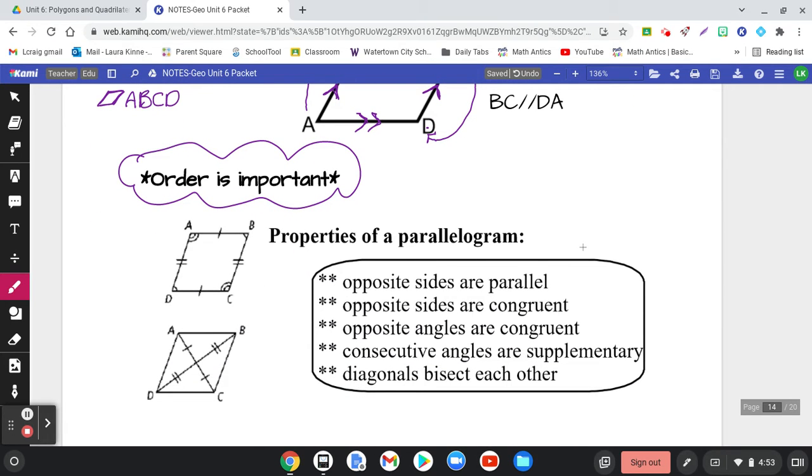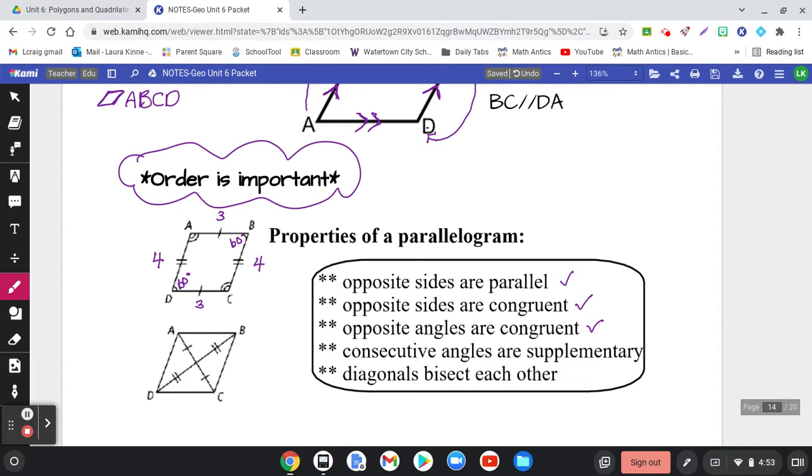All right, some other properties of a parallelogram. Opposite sides are parallel, which we just talked about, but they're also congruent. So let's say, if this is 3, this is 3. If this is 4, this is 4. As far as the parallel part goes, when we get into graphing, they're going to have the same slopes. Opposite angles are congruent. That means, if this is 60, this is 60 degrees because we're dealing with angles.